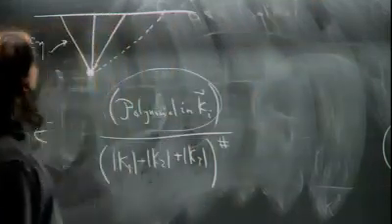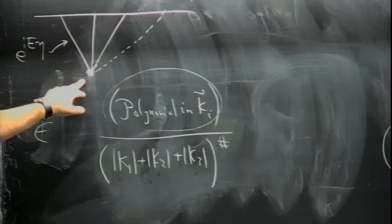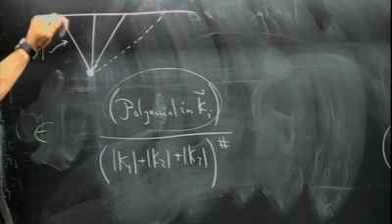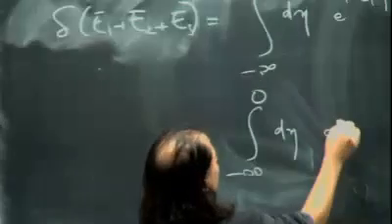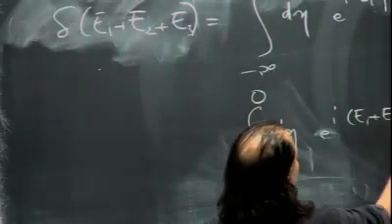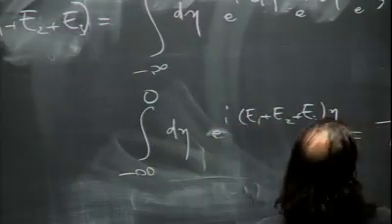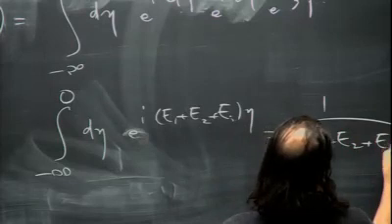We have exactly the same situation in cosmology, but it's not translationally invariant. We're doing the measurement at a fixed time. So instead, we get the integral from minus infinity to 0 d eta e to the I (E1 plus E2 plus E3) eta. And this is 1 over, ignoring i's, E1 plus E2 plus E3.